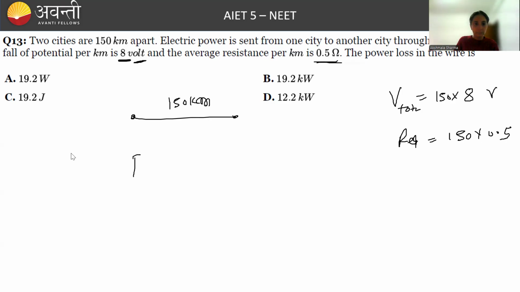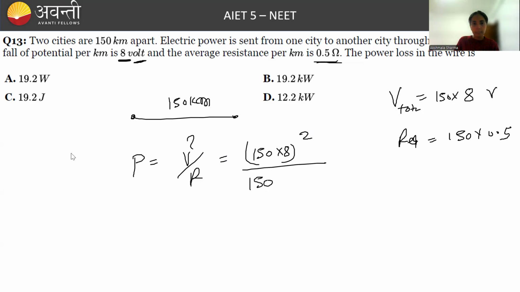Power loss in the circuit is written as V square by R. We can write it. So V square is (150 into 8) whole square divided by R, that is 150 into 0.5. So this will become 150 into 64 divided by 5 into 10. Okay, so this will become how much?